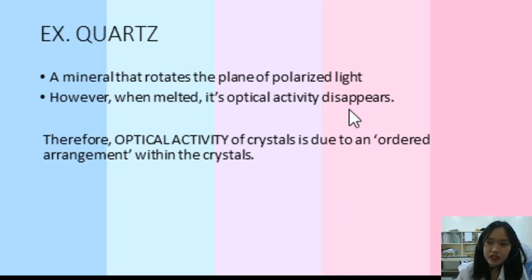Okay? So, quartz is optically active only in its normal state. But when it is being melted, the optical activity disappears. So therefore, optical activity of crystals is due to an ordered arrangement within the crystals.